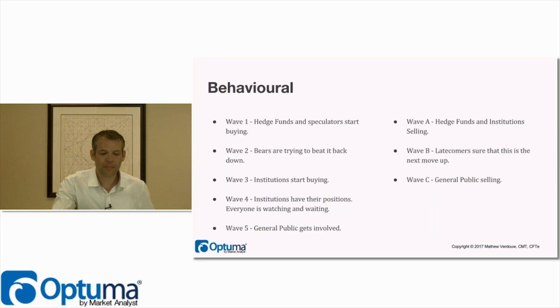From a behavioural point of view, we talk about market participants and behaviour because that's what drives so much of technical analysis. In wave 1 is that accumulation phase. The bigger hedge funds are buying in. They've put a floor into the price. Wave 2 is usually the bears trying to beat it back down again.